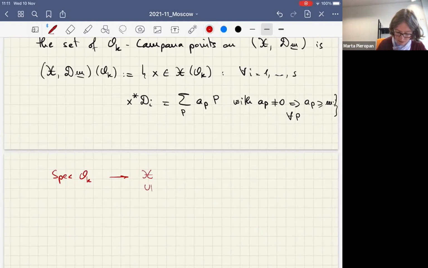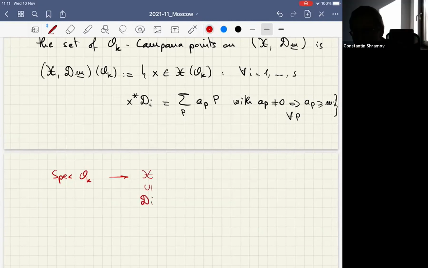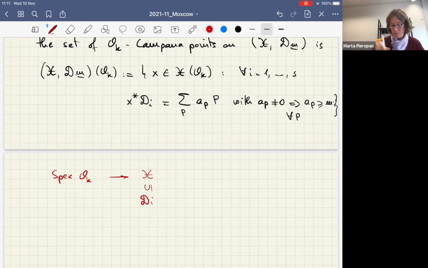And here inside I have my divisors. And then, well, there are two possibilities. Either the point is contained inside the divisor, and this is something that I don't want to happen. Or the point is not contained inside the divisor, but it may intersect the divisor at some special points, at some closed points of this. This is a Dedekind domain.